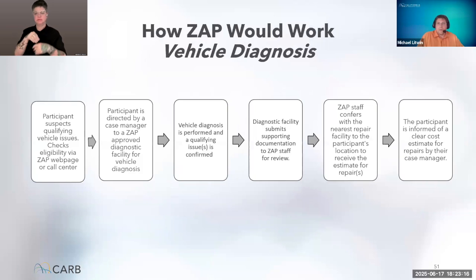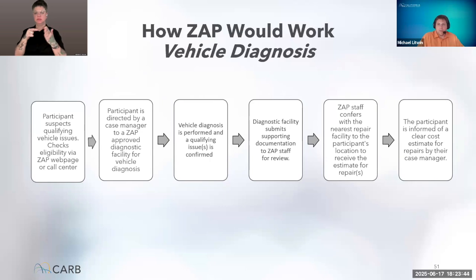Here's staff's initial thinking behind how ZAP may work. ZAP is guided through the lens of the participant's journey throughout the program. This slide is an introduction of one potential route a participant will take to have their vehicle diagnosed and ultimately repaired if needed.